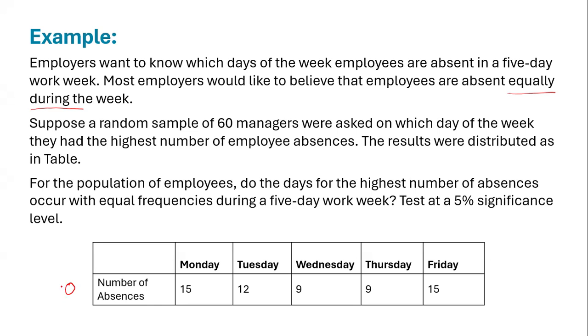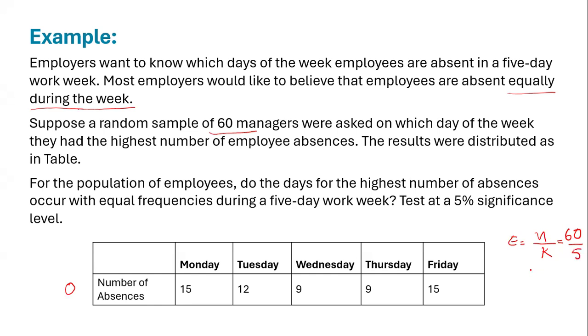When it says that the absences are equally distributed during the week, that means we have equal expected frequencies. Since we have equal expected frequency, I only need to divide n by k to find the expected frequency. n is the number of samples, which is 60, and then divided by k, which is the number of categories, 1, 2, 3, 4, 5.